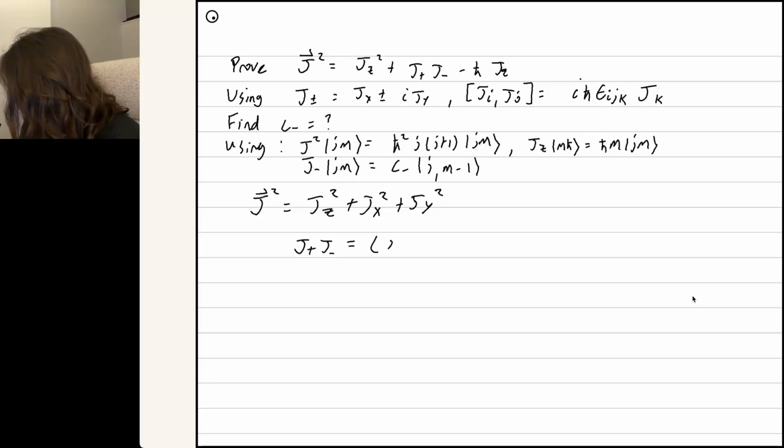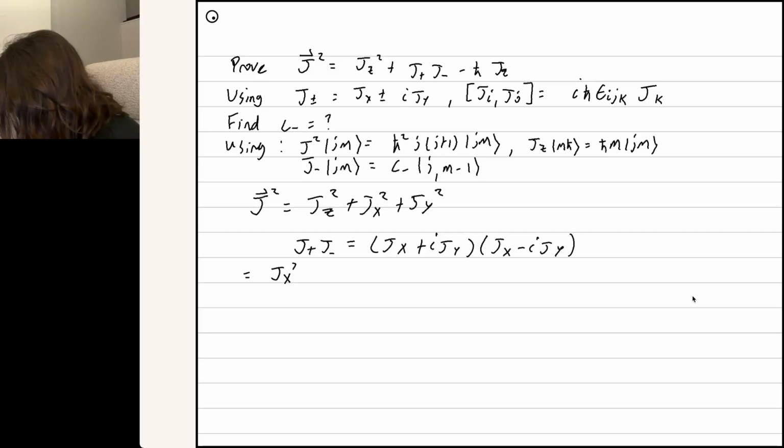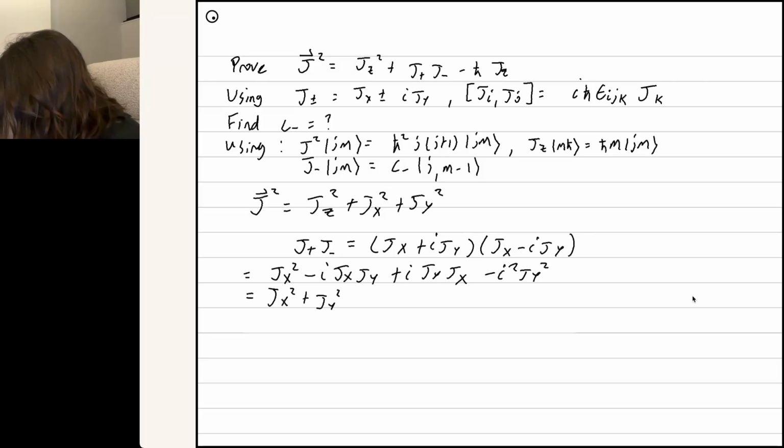Using the definition of the ladder operators, we know that this is just jx plus i jy times jx minus i jy. And when we expand that, we have jx squared minus i jx jy plus i jy jx minus i squared jy squared, which simplifies to jx squared plus jy squared.